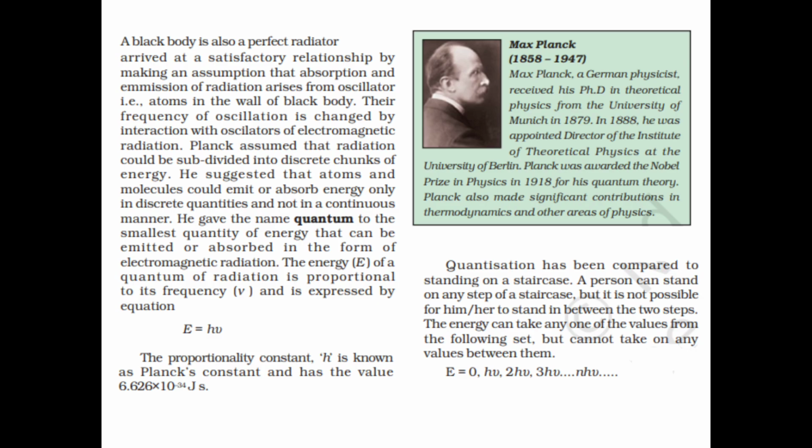The energy of the quantum of radiation is proportional to its frequency and is expressed by the equation E is equal to h nu. The proportionality constant h is known as Planck's constant, which has value 6.626 into 10 to the power minus 34 joule second.